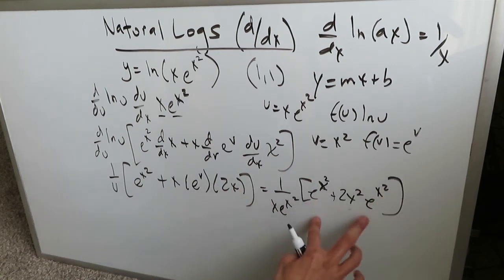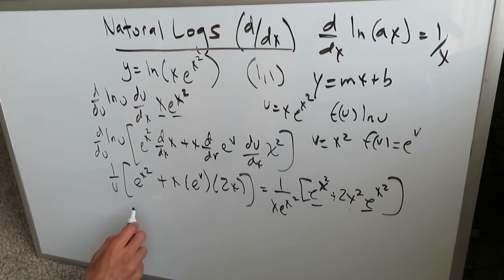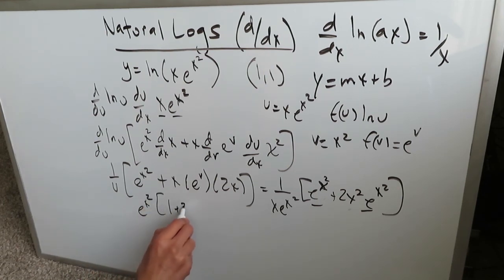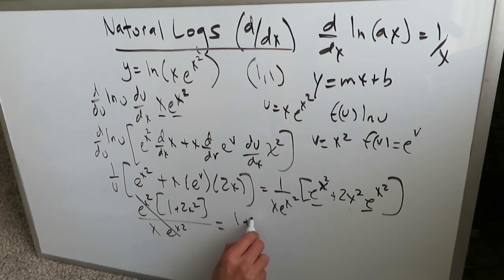Now look over here, common terms, e to the x squared. We have that. Let's isolate this e to the x squared. Let's start with isolating e to the x squared. E to the x squared goes into that 1 plus 2x squared times, and you get x e to the x squared. These e to the x squares cancel out, and you get 1 plus 2x squared over x. That's your derivative of this. 1 plus 2x squared over x.